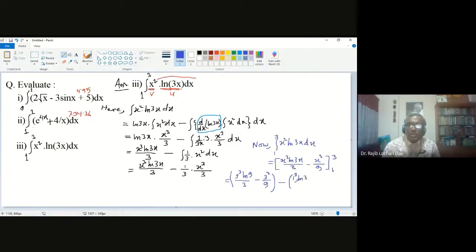So it is 1 cube ln 3 by 3 and minus 1 cube by 9. So this is the upper limit and lower limit, upper value, lower value. Now you calculate, and then there will be one answer definitely. So you will find a number that will be the answer in this case. Okay, is that okay?